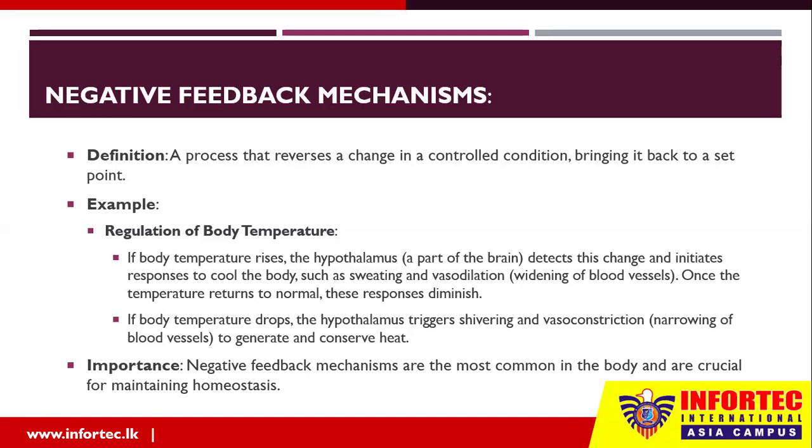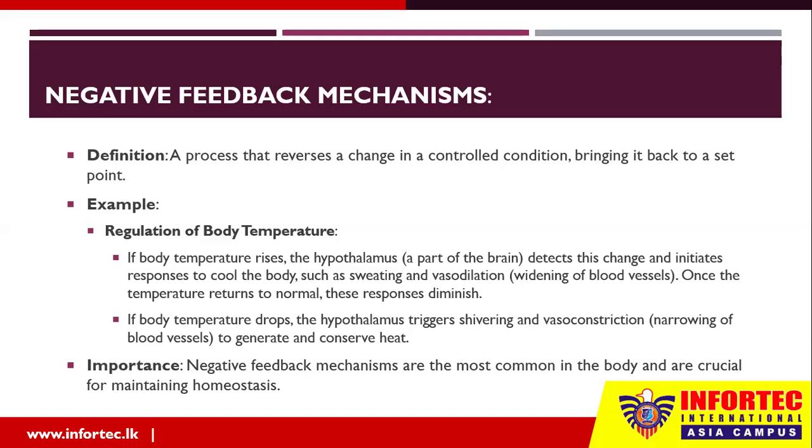So for example, our body temperature regulation, right? Let's assume our body temperature increases above 37 degrees Celsius, right? So what will happen? Our hypothalamus detects this rise in our body temperature and initiates a response to cool our body down, right? So what are the homeostatic actions it can take? One is sweating.